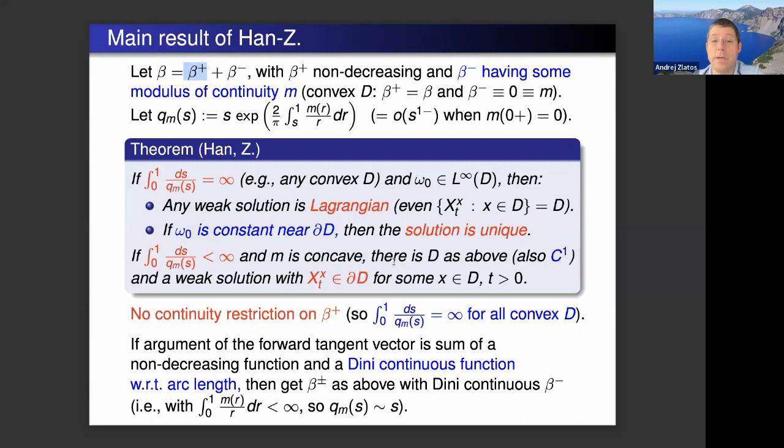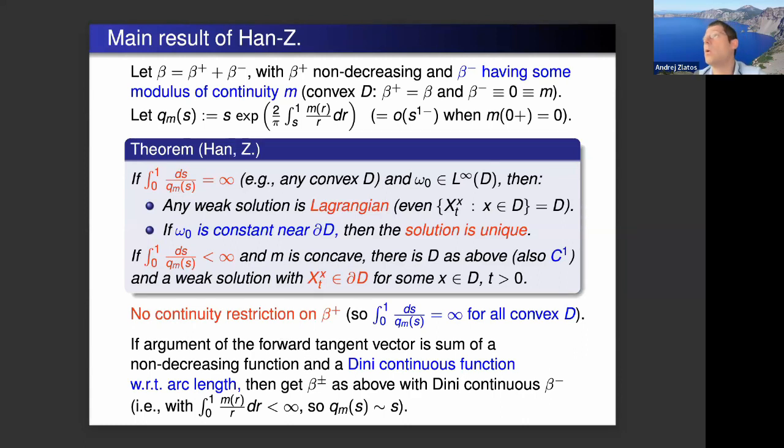And so in particular, if we take a convex domain, any convex domain, it doesn't have to be regular in any way, then I can just take beta plus to be beta, beta minus to be 0. And obviously the theorem applies with the first alternative here. And so on such domains, we have that all the weak solutions are Lagrangian. And we have uniqueness if the vorticity starts constant near the boundary.